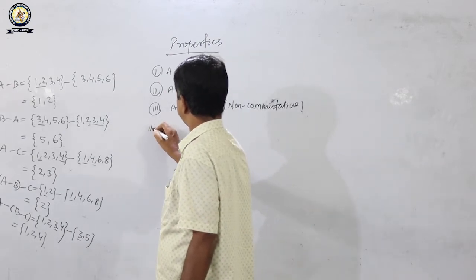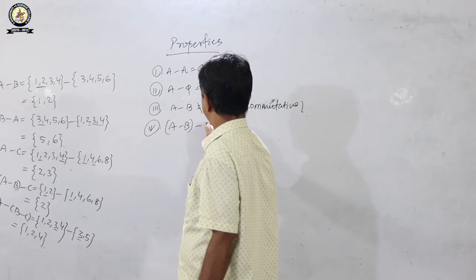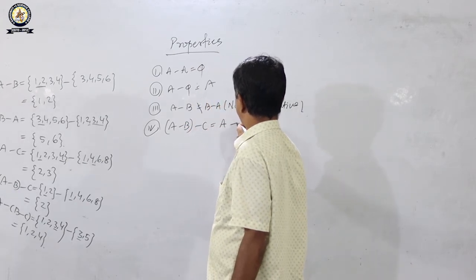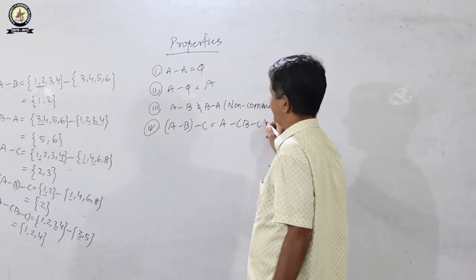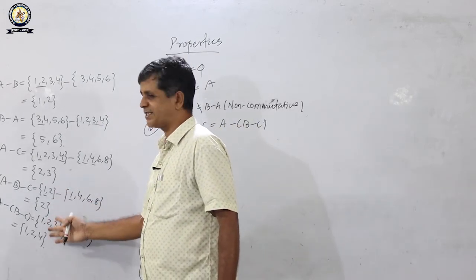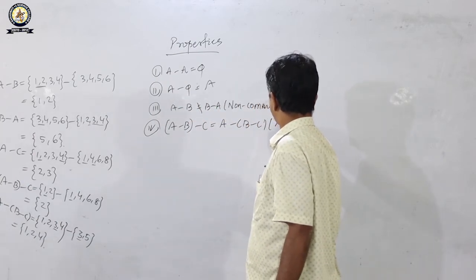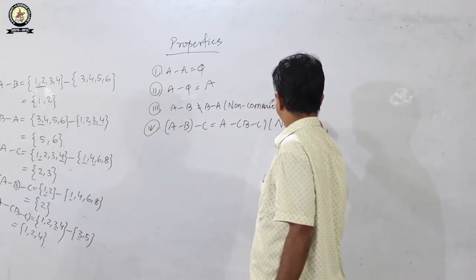Next, A difference B difference C cannot be equal to A difference bracketed B difference C. You can confirm from the last two examples that it is not associative, non-associative.